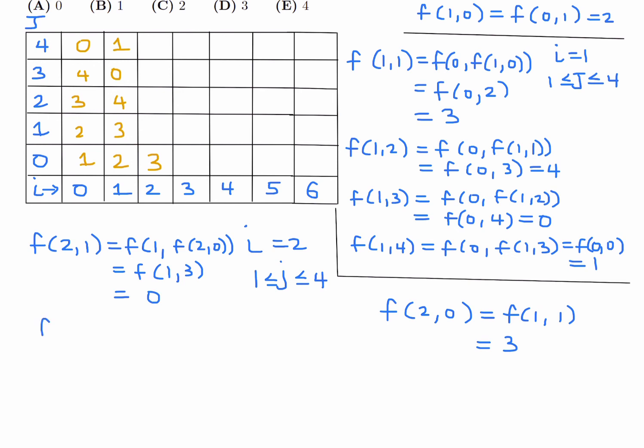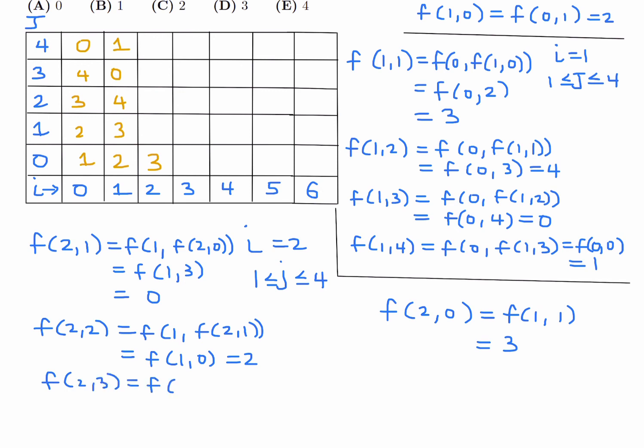And very similarly, f at (2, 2). I'll just do a few more. F at 1, f at (2, 1), and that is f at (1, 0), and that is 2. F at (2, 3) is f at 1, f at (2, 2), which is f at (1, 2), and that is 4.